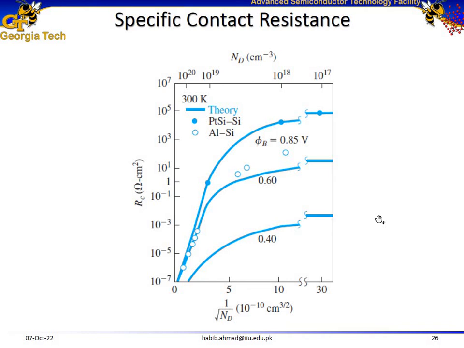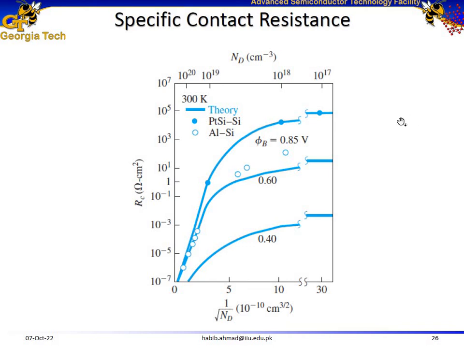Now let us consider the second condition. What happens if we vary the doping? We are increasing the doping on this scale from 10 to the power 17 to 10 to the power 20 per centimeter cube. For each barrier height, your specific contact resistance is decreasing. So if you want to form ohmic contacts, a good way to do it is to increase the carrier concentration of the semiconductor material.